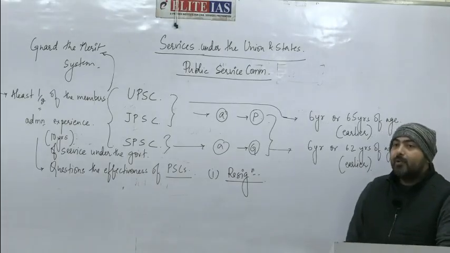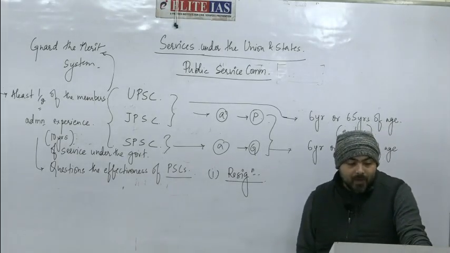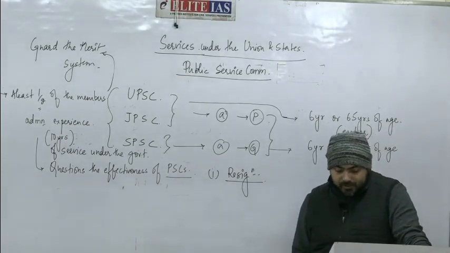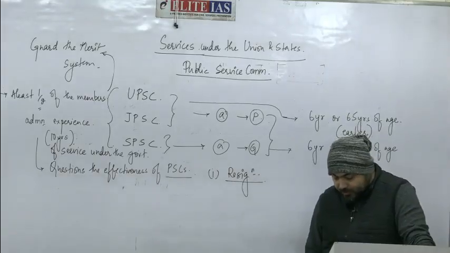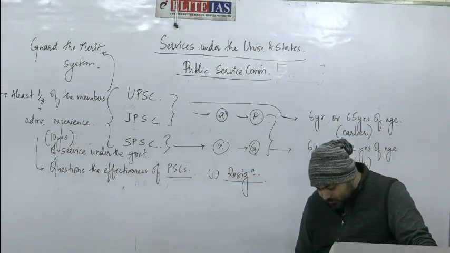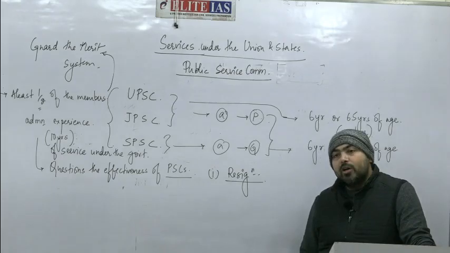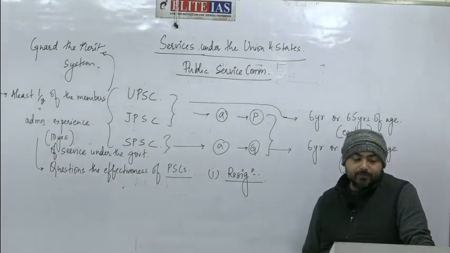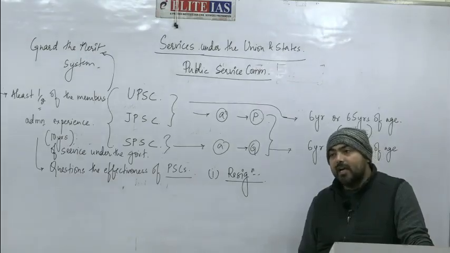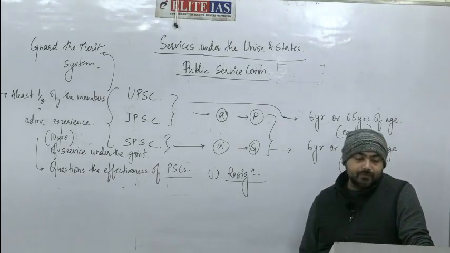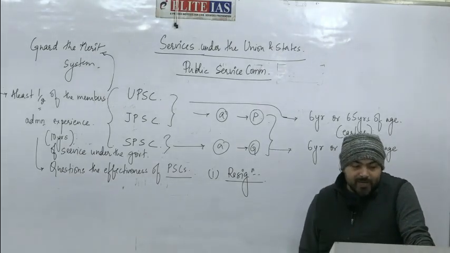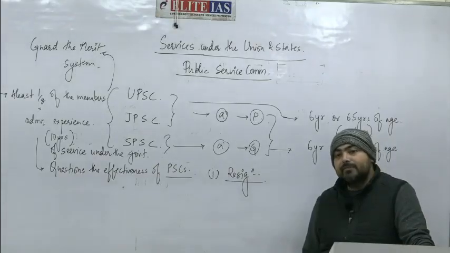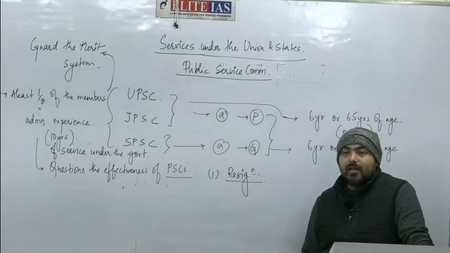Resignation. Second point. A member of Public Service Commission can be removed on the following grounds. First, on the grounds of being adjudged insolvent.